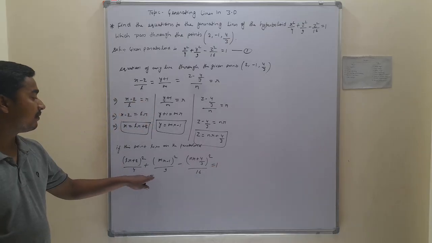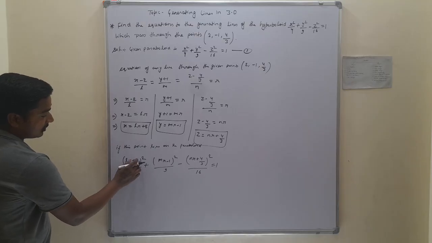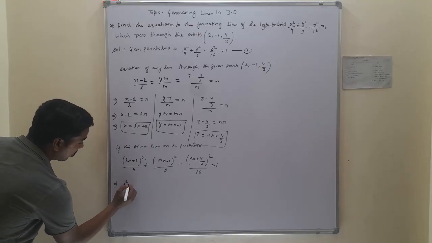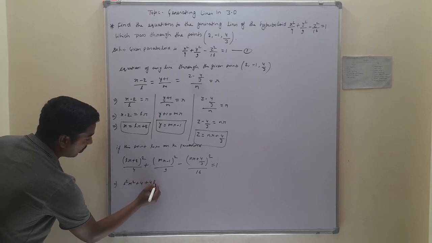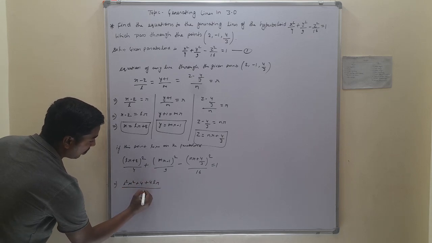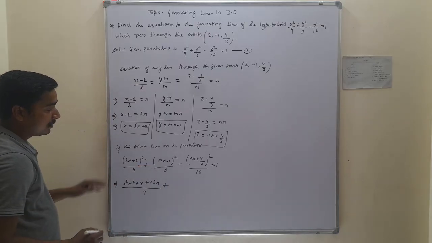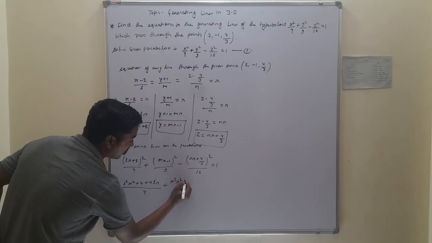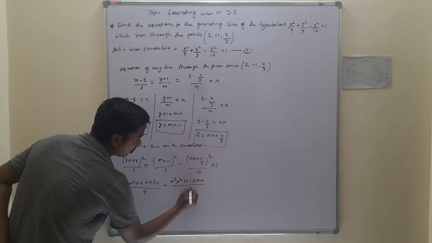We have to simplify the given equation. Solving (lr plus 2) whole square, we get l square r square plus 4 plus 4lr upon 4, plus here (mr minus 1) whole square we open, we get m square r square plus 1 minus 2mr upon 9.